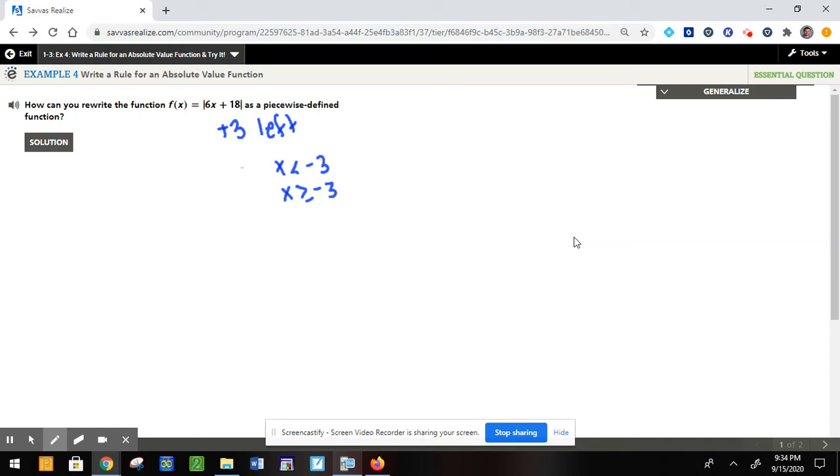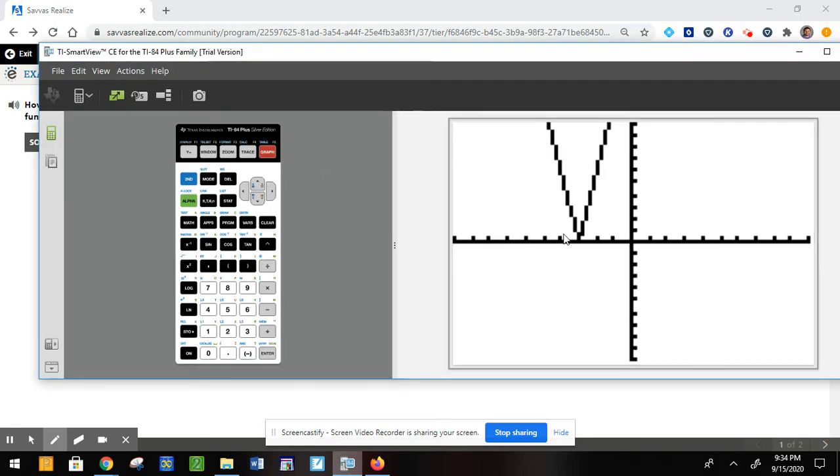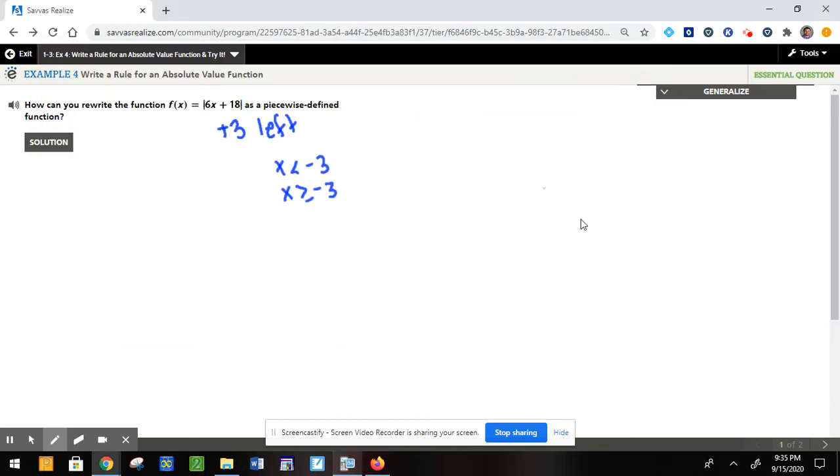Now you have to figure out what are the equations for both parts. Well, the way it's going to end up is, if you look at the right side, for instance, that is exactly 6x plus 18. So it's just whatever's on the inside of the absolute value.